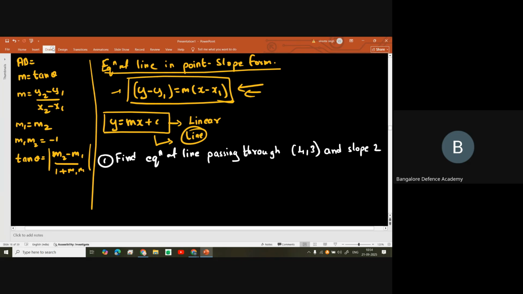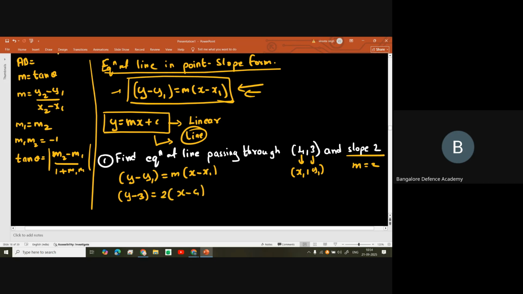Now look at this here. If you have done the question, eyes on the screen. This 4 comma 3 will be considered as x1 comma y1, and the slope they have given, m, is equal to 2. Now according to the formula, y minus y1 is equal to m into x minus x1. So y minus 3, substituting these values, is equal to 2 into x minus 4.